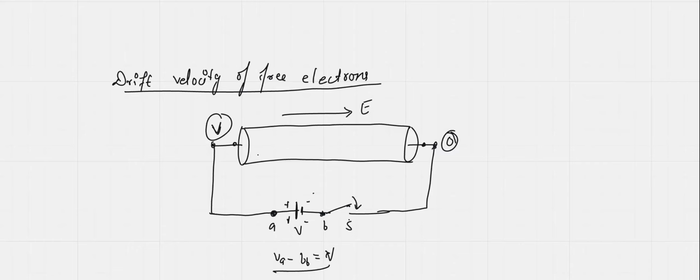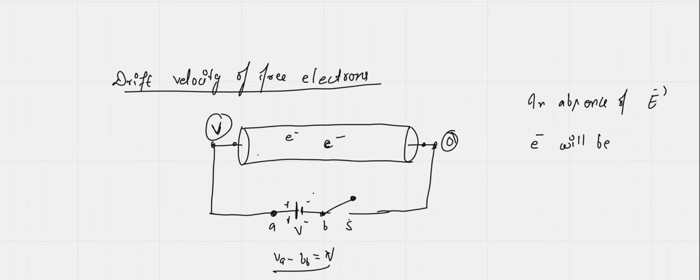Now, Kirtana, if I don't have any electric field, what happens? Let's say I don't have any potential and I have not connected it to the battery right now. My switch is open. In this condition, there are a lot of electrons inside. In the absence of an electric field, electrons will be moving in random directions, a kind of Brownian motion.